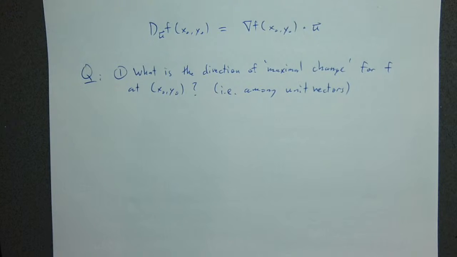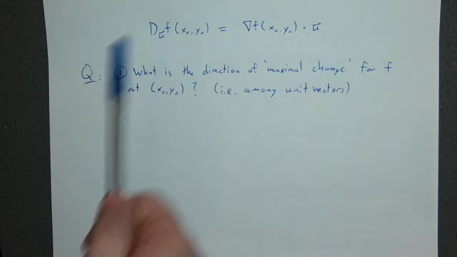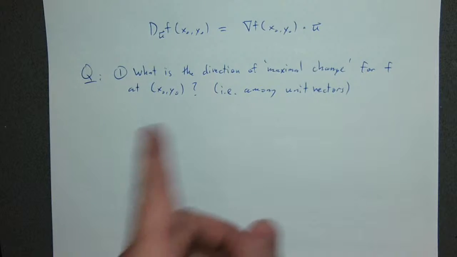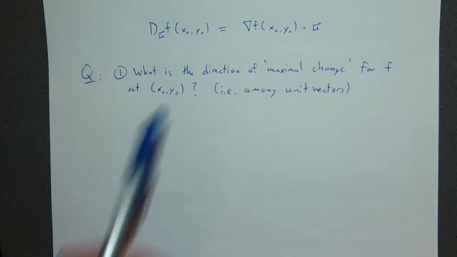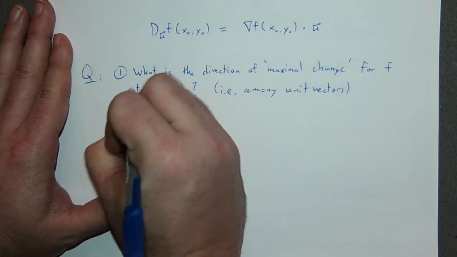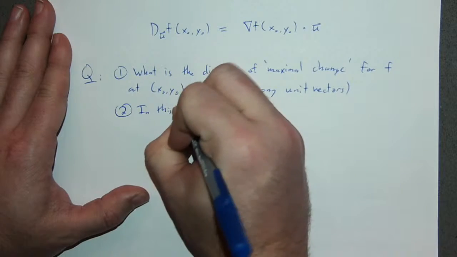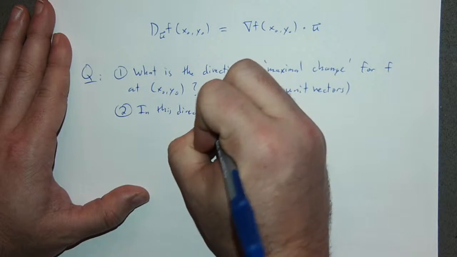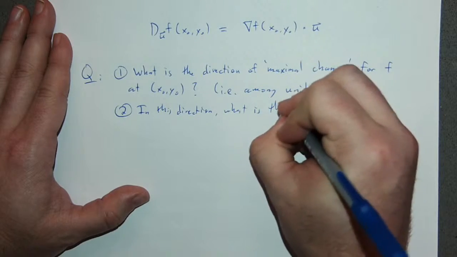The question is, is there a way to determine, just from looking at this, what is the direction of maximal increase, maximal change for this function at that point among all possible unit vectors u? It turns out there is, but there's a follow-up question here, which is, in this direction, what is this rate of change?